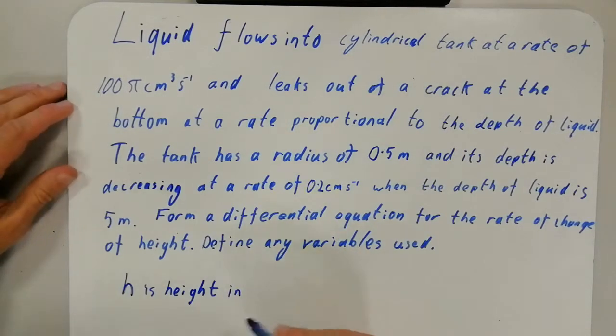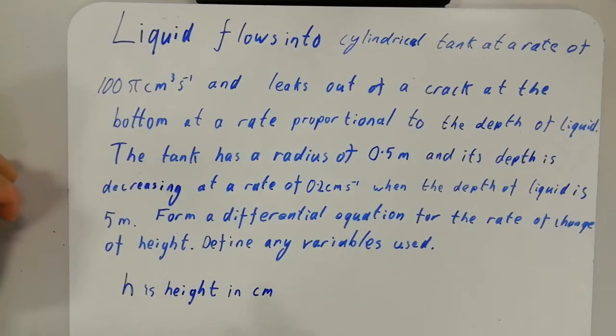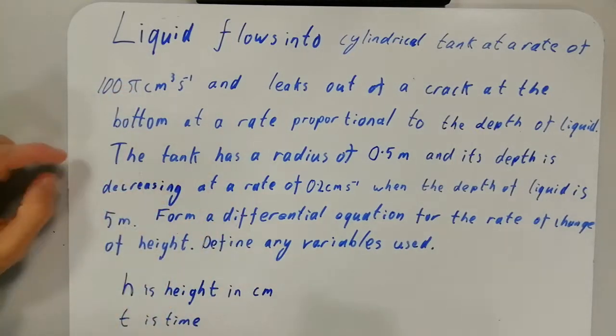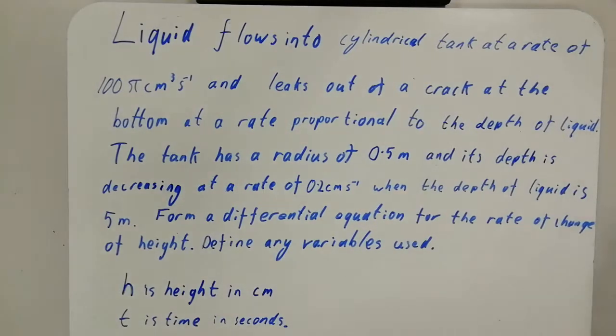Most of it's in centimetres, let's choose centimetres. And the other variable which we're going to require in our differential equation is time. Again, everything appears to be in seconds, so let's use seconds. Okay, so we've got that.